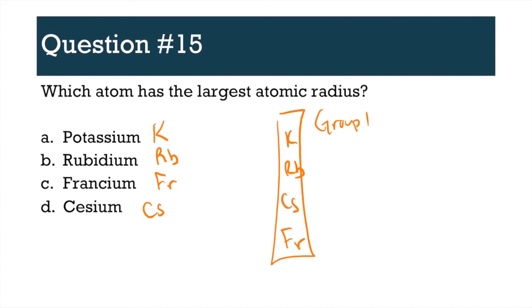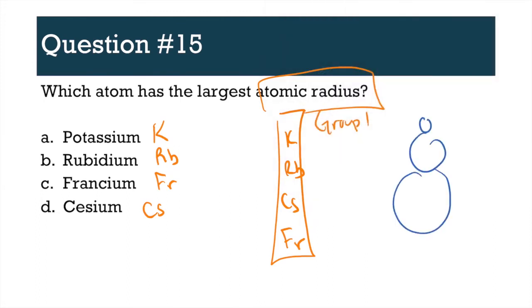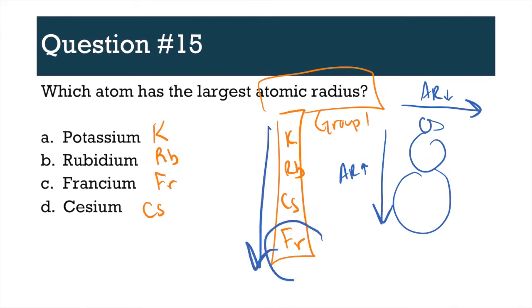So whenever you talk about atomic radius, you should be thinking snowman. And so as you go down, the AR increases. As you go left to right, the AR decreases. So which one has the largest atomic radius? Well, the lowest one down. That is francium. It is C.